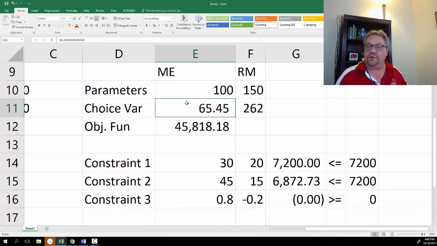So we are going to produce basically 65 Mount Everest parkas, 262 Rocky Mountain parkas, and we're going to maximize our profit at 45,818. And there you go, solution. So there is your answer to problem 50.